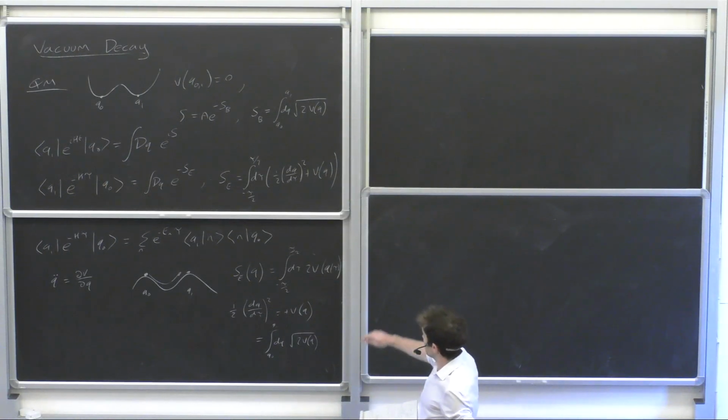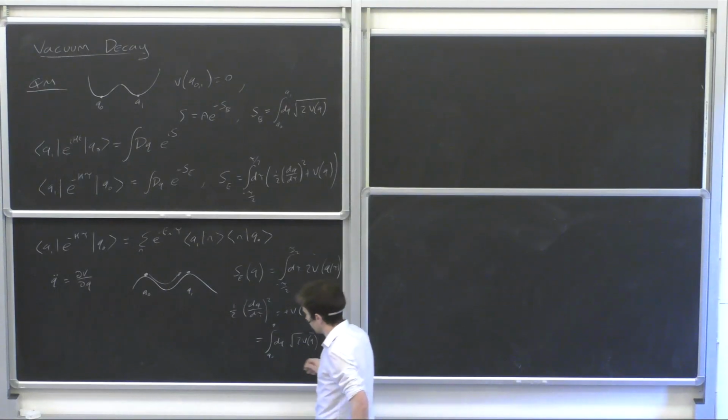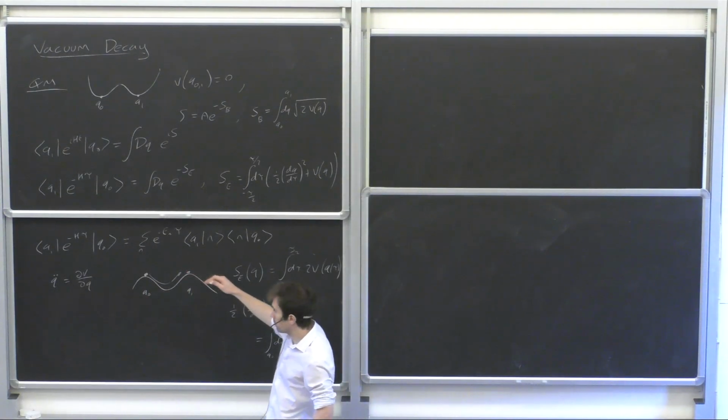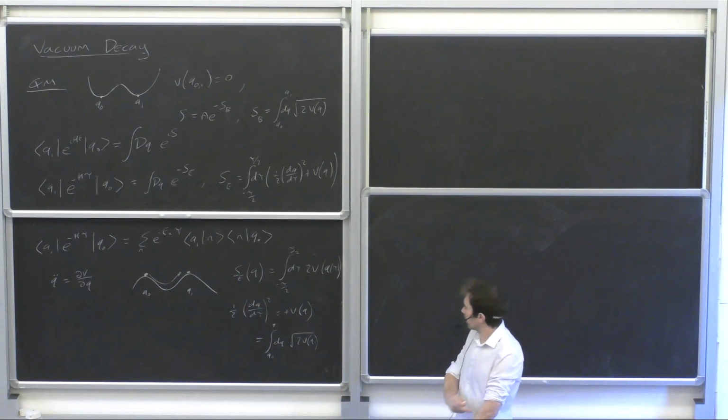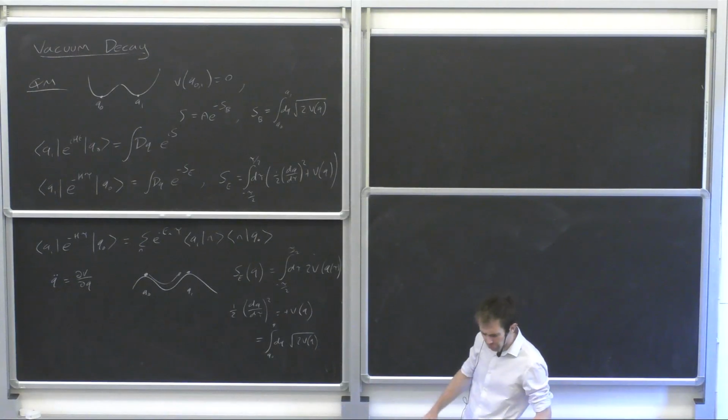Okay, so this instanton solution looks, again, of course, a lot like a domain wall solution, with now some non-trivial evolution in some finite part of imaginary time.